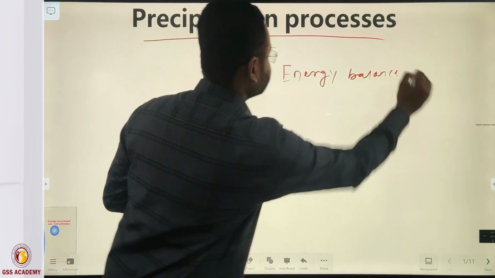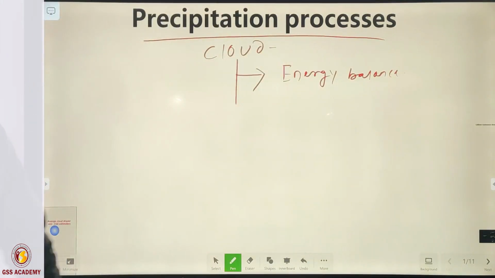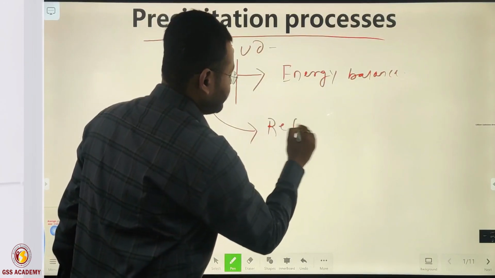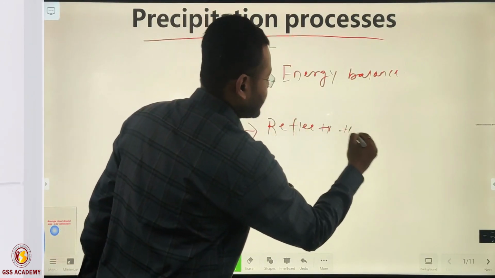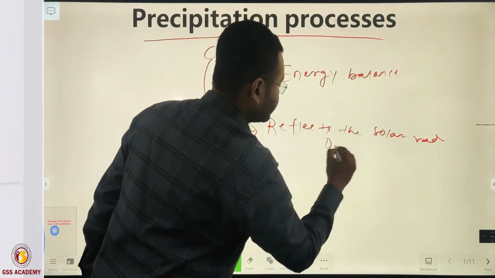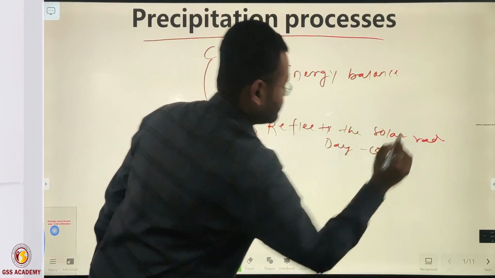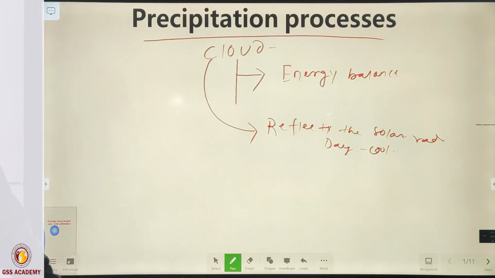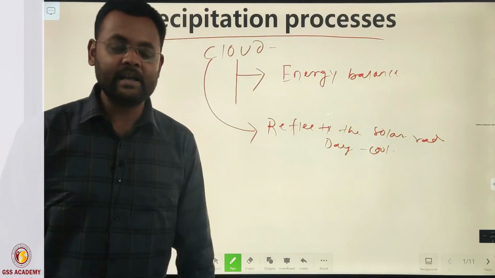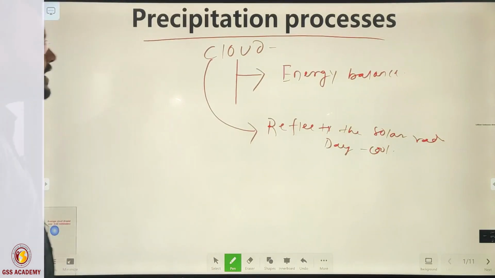Cloud normally regulates the Earth's energy balance because during daytime the cloud normally reflects the solar light or solar radiation and keeps the daytime relatively cooler.